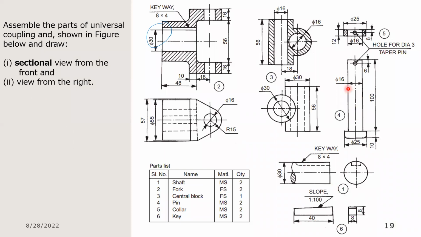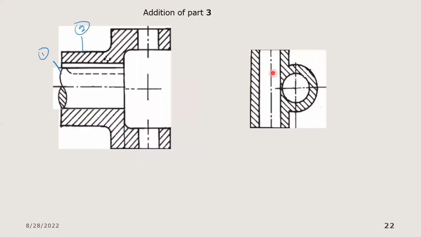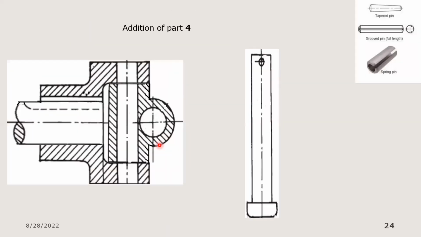Part 4 has a diameter of 16, and we're having the same diameter for the central block and the same diameter in the shaft. This pin, which is part 4, will fit into this hole in part 3.